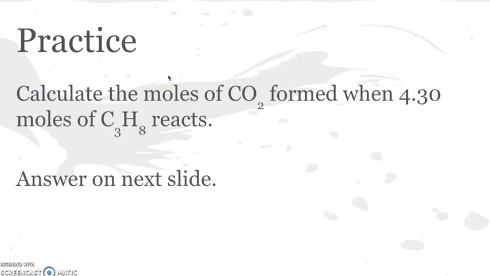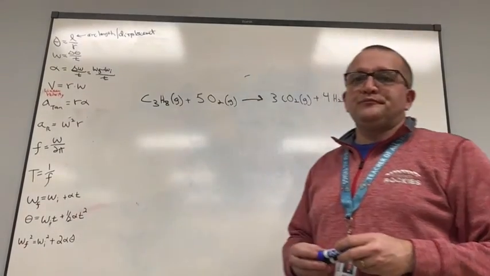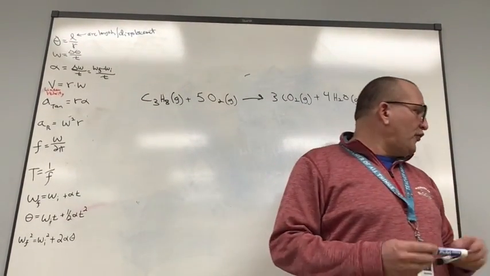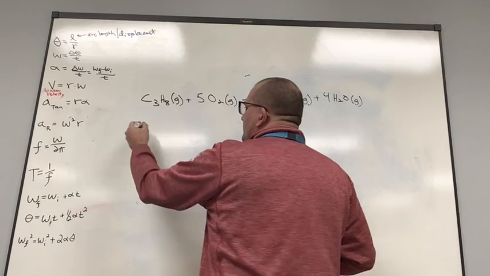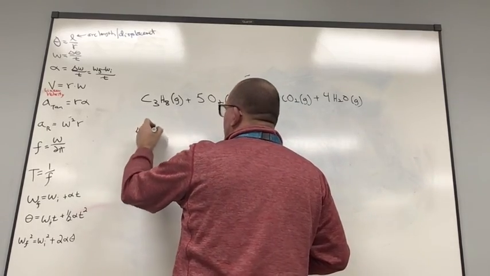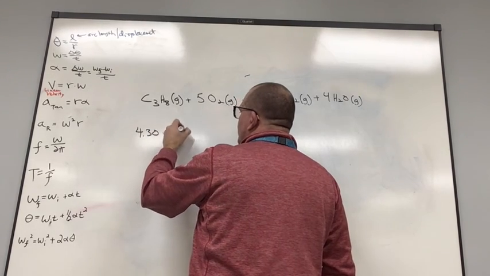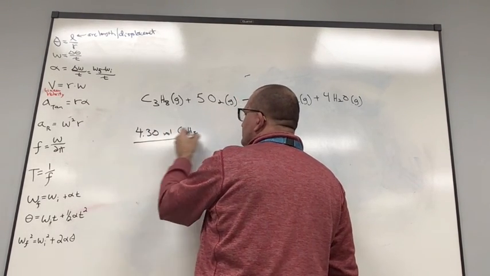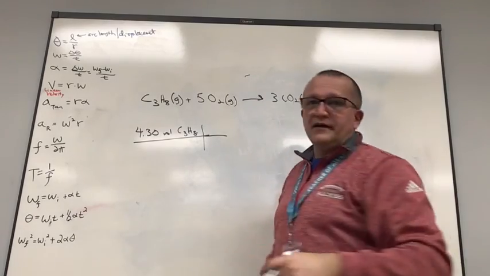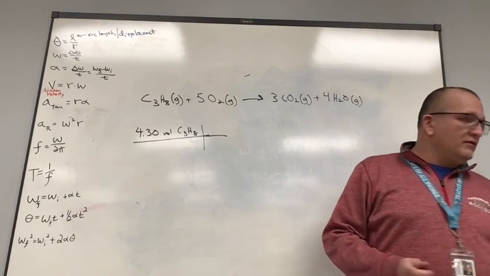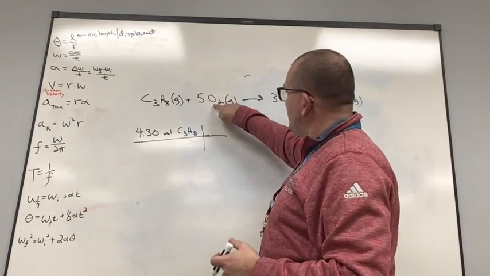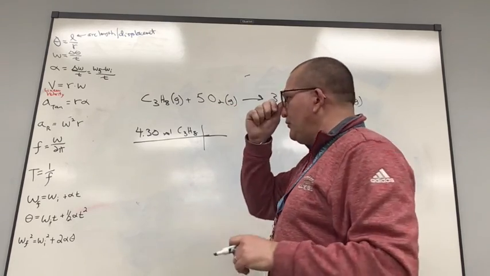So we have 4.30 moles of C3H8, and we want to find how much O2 we need. We're going to figure this out in moles.